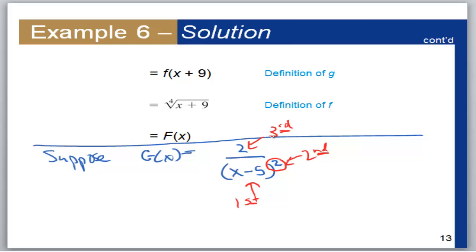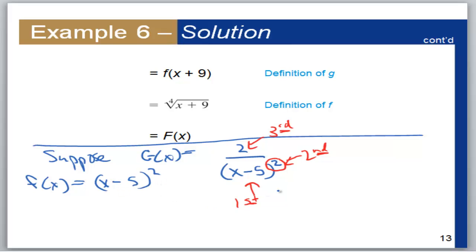So rather than write it as 3 separate functions, I can combine the first and second into one function where I subtract 5 and square. So I can think of one function, let's call it lowercase f, as subtracting 5 and then squaring, which would be x minus 5 squared.